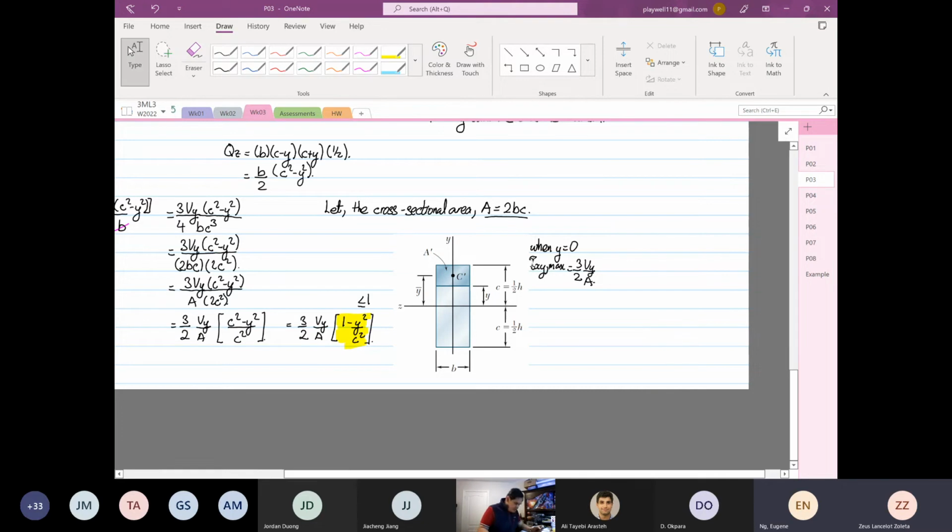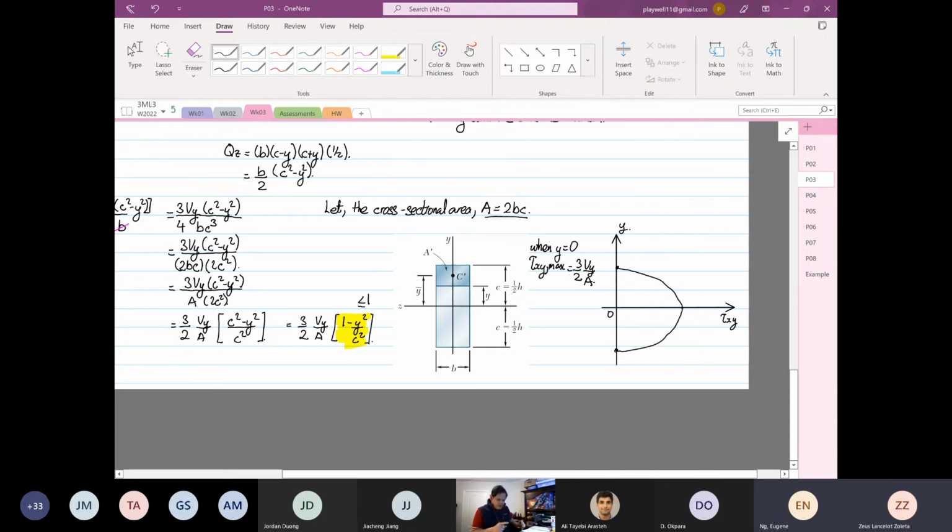Now I'm going to sketch the distribution. This is our y, and this is our shear xy. We have a point here, which will hit its maximum, and then you get this shape over here.